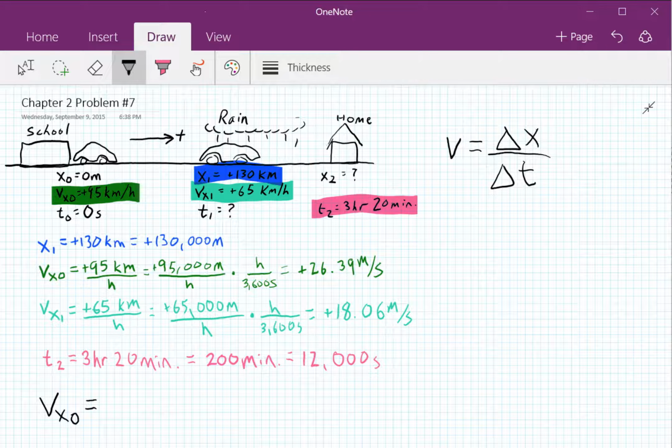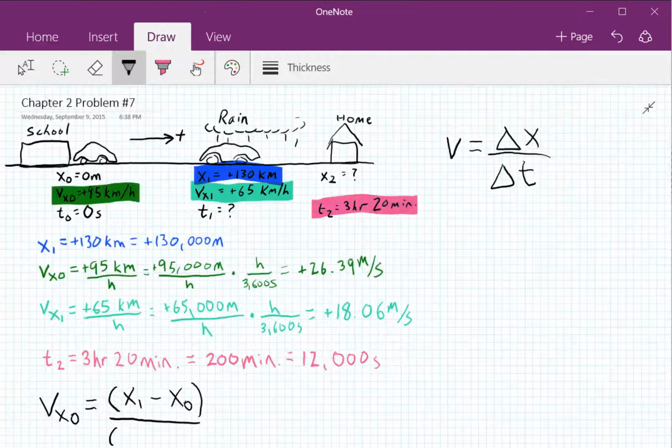So final position in that case was x1, and the initial was x0, x initial. And time was t1 minus t initial. Now at this point, it's a good idea to cancel out any zeros. So x initial was 0 and t initial was 0. So we can rewrite this as Vx initial equals x1 divided by t1.